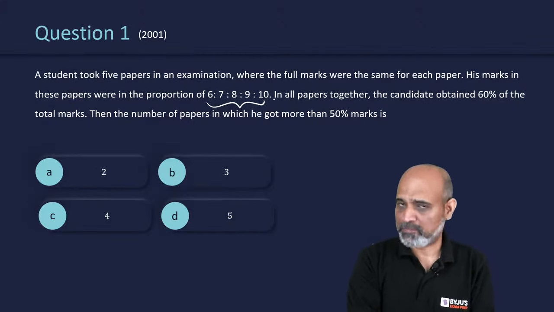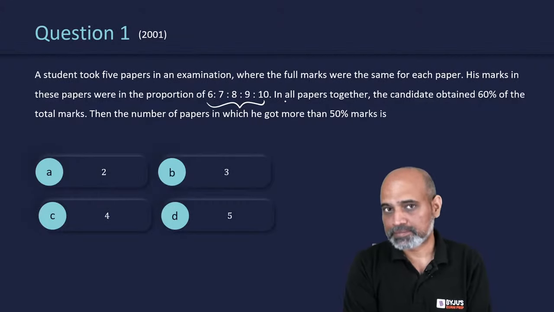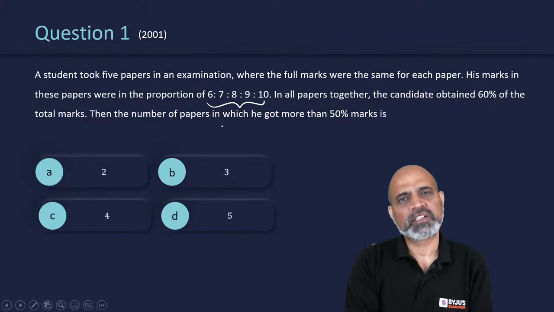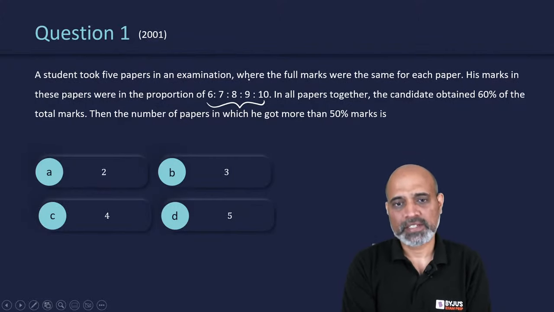Okay, let's read it. A student took 5 papers in an exam where the full marks were the same for each paper. His marks in these papers were in the proportion of 6, 7, 8, 9, 10. So this 6, 7, 8, 9, 10, these are the marks. The moment somebody asks me what his marks were in these 5 papers, I'll say 6 marks, 7 marks, 8 marks, 9 marks, 10 marks. मैं यही बोलूँगा. ठीक है.